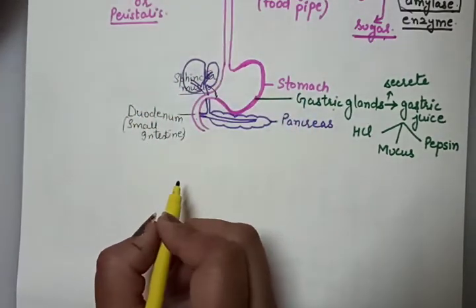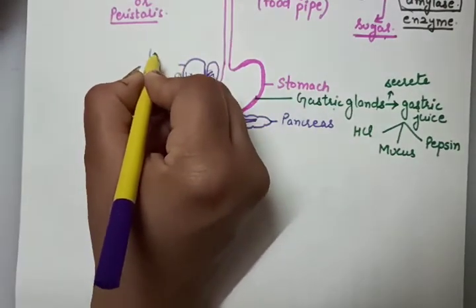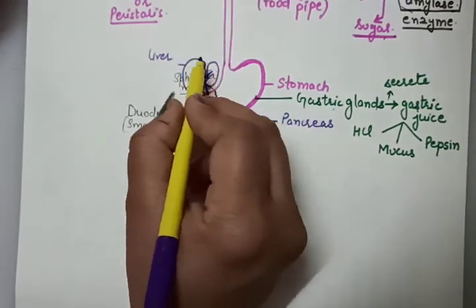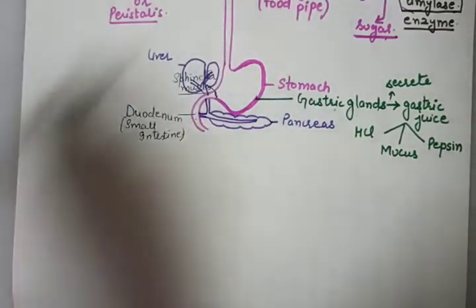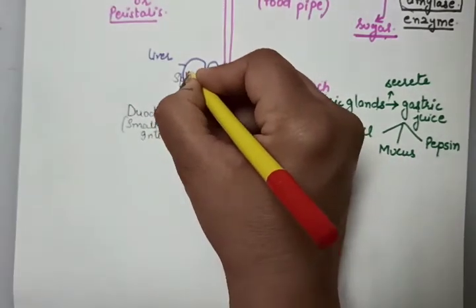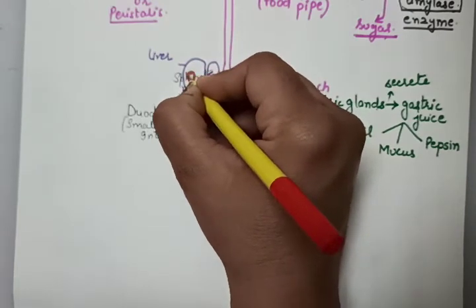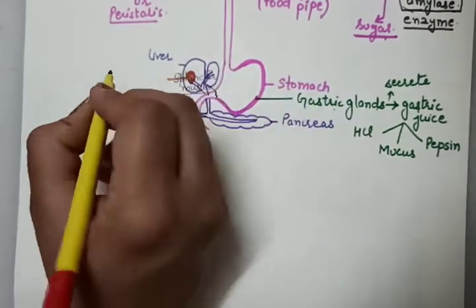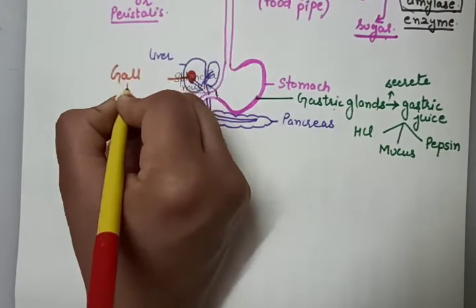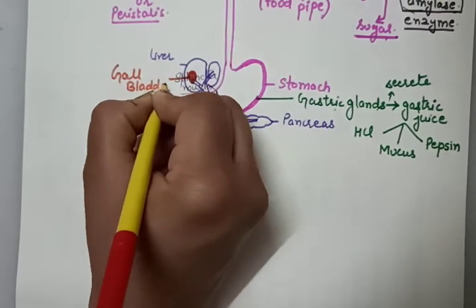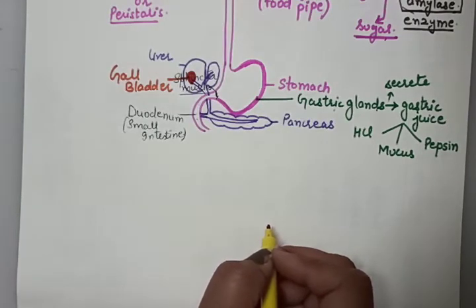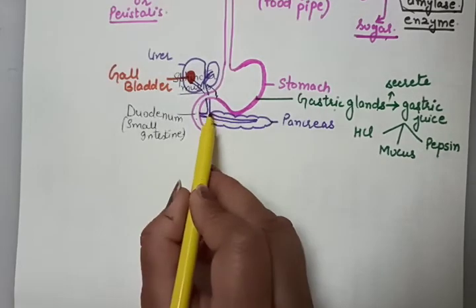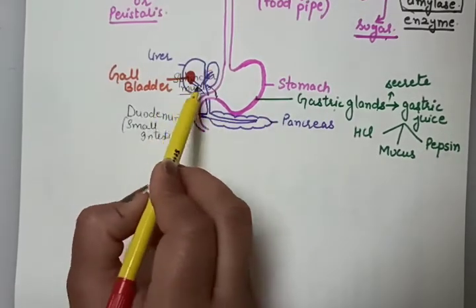This is the liver. It is bilobed. In the liver, here this small structure is there, that is called the gallbladder. Okay, one is the pancreas and one is the liver.